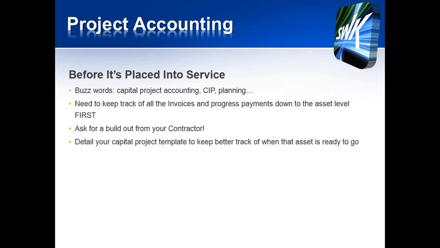If we have a good system in place, we can better track our invoices and all of our progress payments, down to a certain level. A lot of times I'll get people's schedules, and they'll have line items on it that say, for example, Windows.